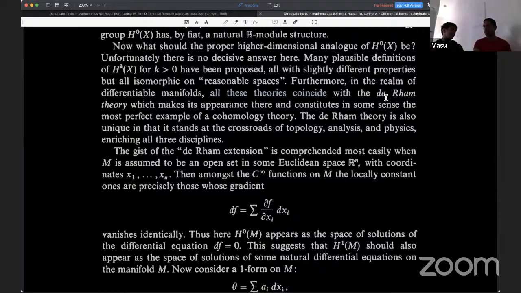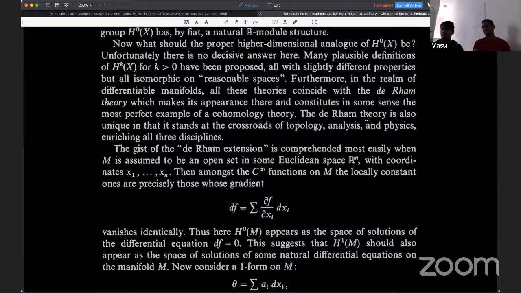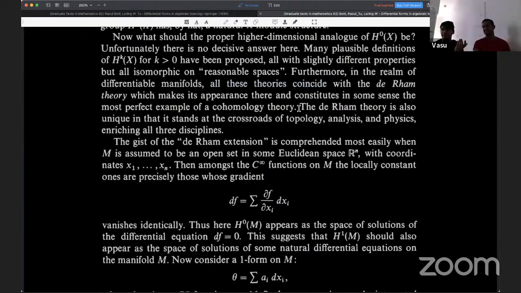So that is to say that there's something essentially homotopic about integrals, which we already know from calculation. Maybe there's something quite magical about the de Rham theory that I think a lot of people don't fully appreciate, which is that it is in some sense perfect, in the sense that all of these cohomology theories collapse in the real manifold locus, or the differential manifold locus, or the analytic manifold locus.